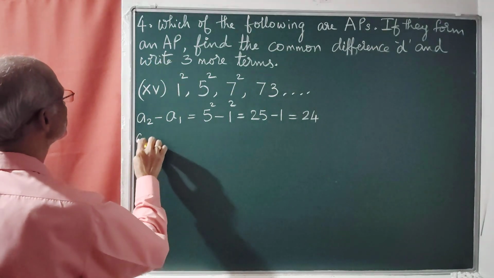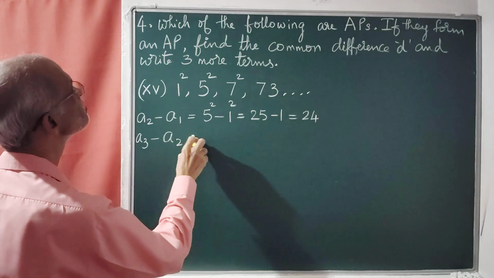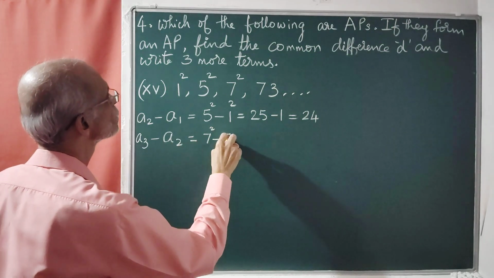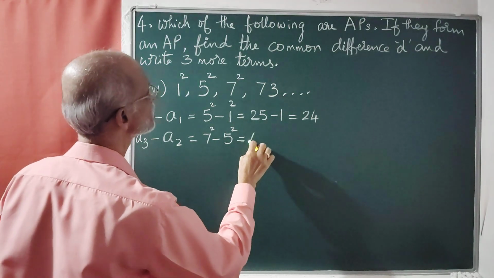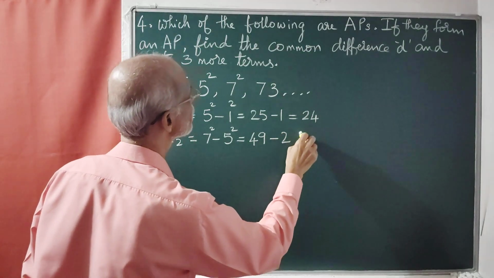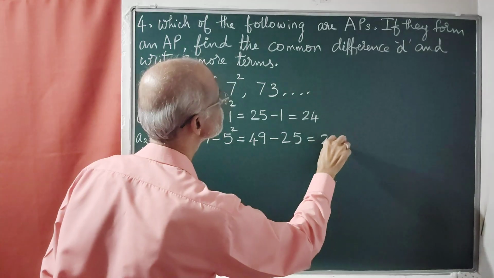Next, A3 minus A2. 7 square minus 5 square. 7 square is 49, 7 sevens are 49. Minus 25. We get 24.